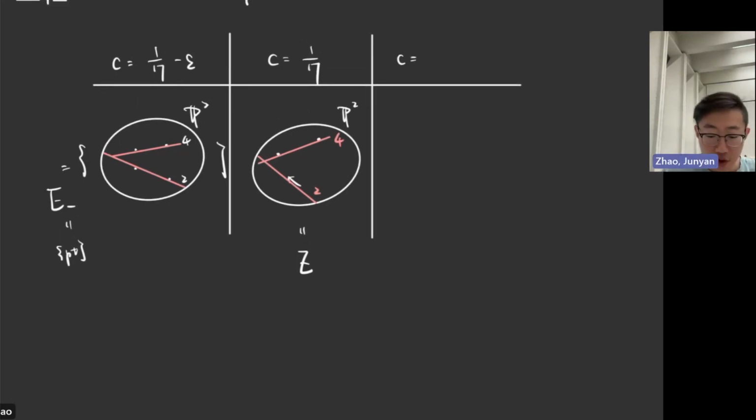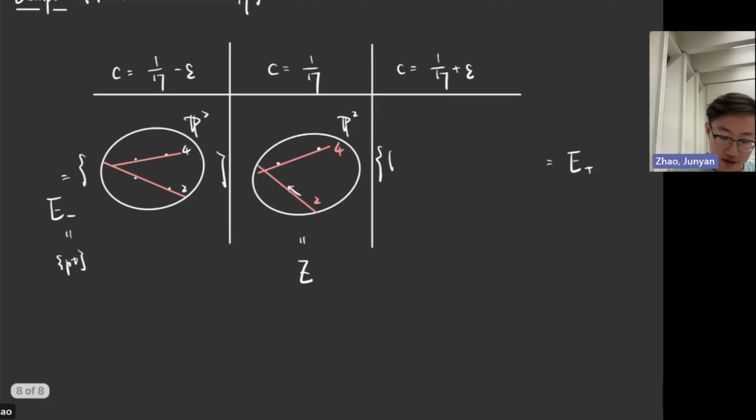And after this wall, what is the E plus? The E plus will consist of the pairs. Let's call this surface sigma 1, which is the del Pezzo surface of degree 5 with an A1 singularity.